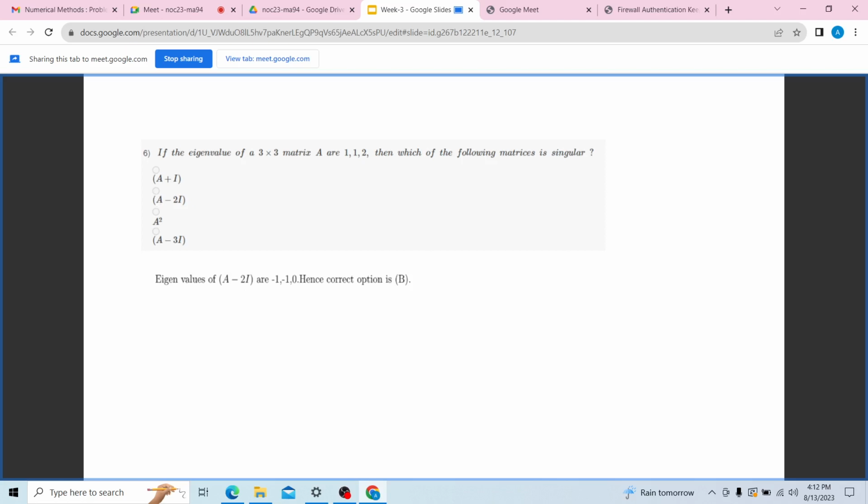Since you can calculate its eigenvalues also, like 1 minus 2, you'll get minus 1, then 1 minus 2, you will get minus 1, and then 2 minus 2, that is 0. So for calculating the determinant, you will multiply all the eigenvalues, so that will be 0. Hence the correct option is A minus 2I.